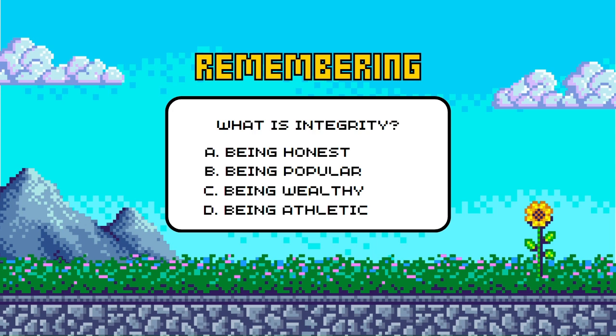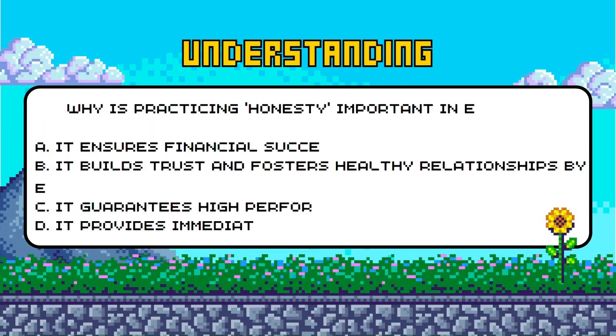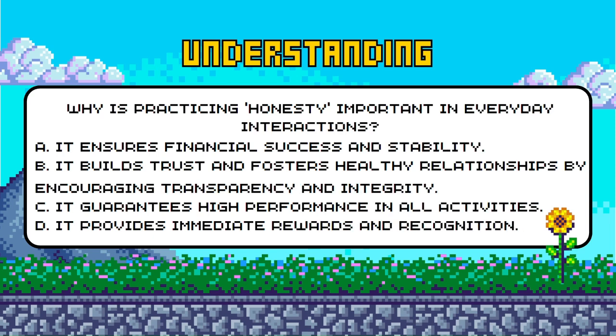For the second component, we have understanding. Understanding is the ability to grasp the meaning of information and explain it. It moves beyond just recalling facts to actually making sense of them. It's like explaining honesty.